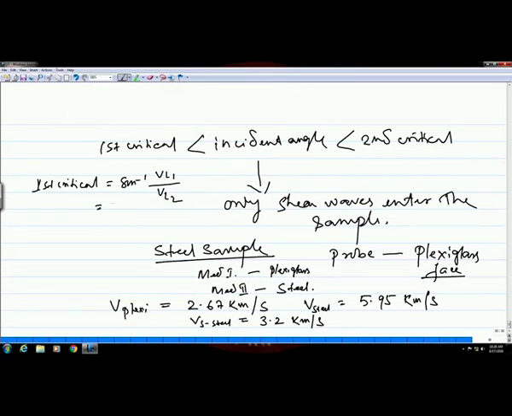So, that means this is V L 1 is 2.67 because medium 1 is plexiglass, and V L 2 is 5.95. Okay.